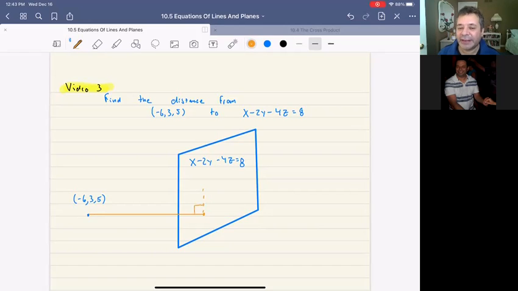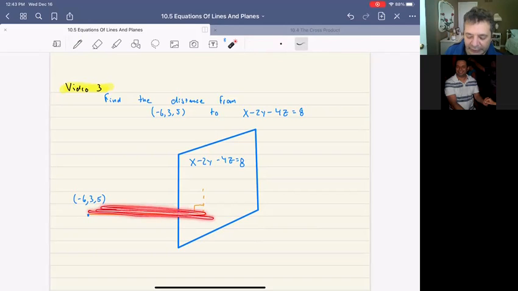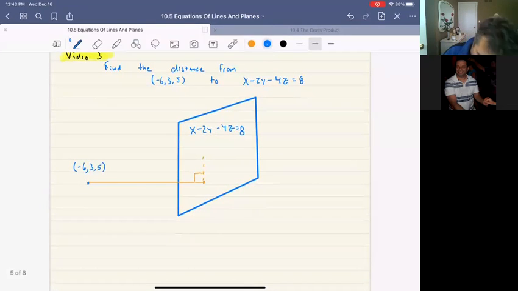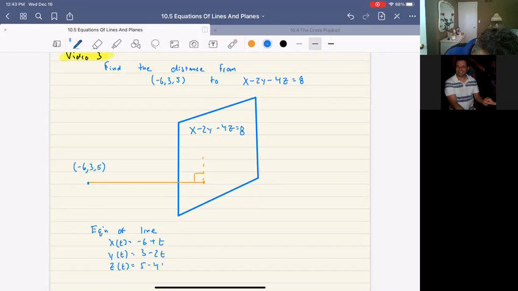So what does that tell us about the equation of this line? Well, that means the equation of the line of intersection is x of t is -6 plus t, y of t is 3 minus 2t, z of t is 5 minus 4t.